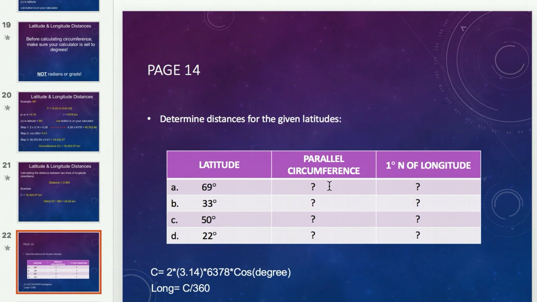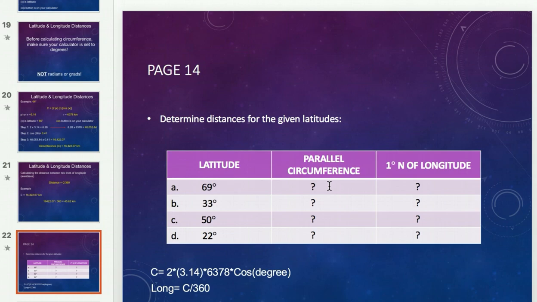So I've been saying 6,378, but it's not. 2 times 3.14 times radius, which is 6,378, equals 40,053.84 kilometers. Let me write that in my notes.